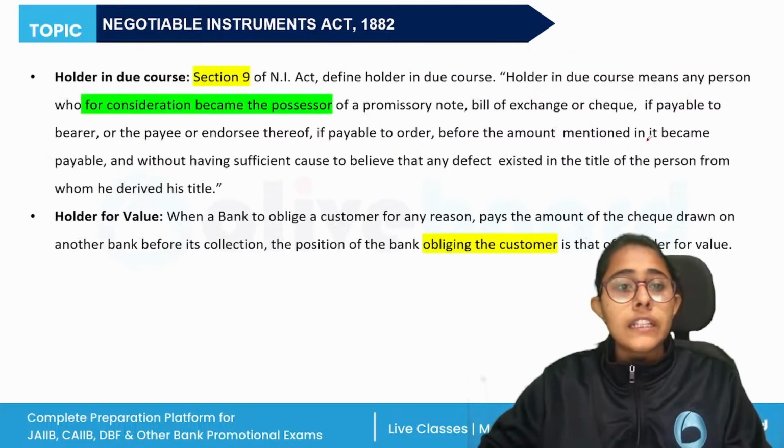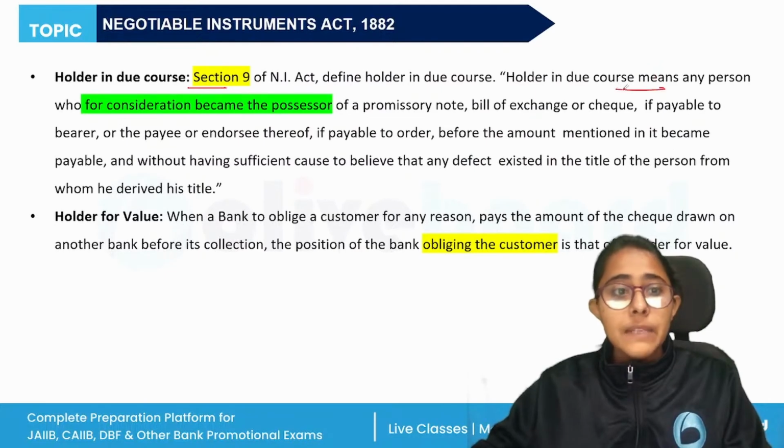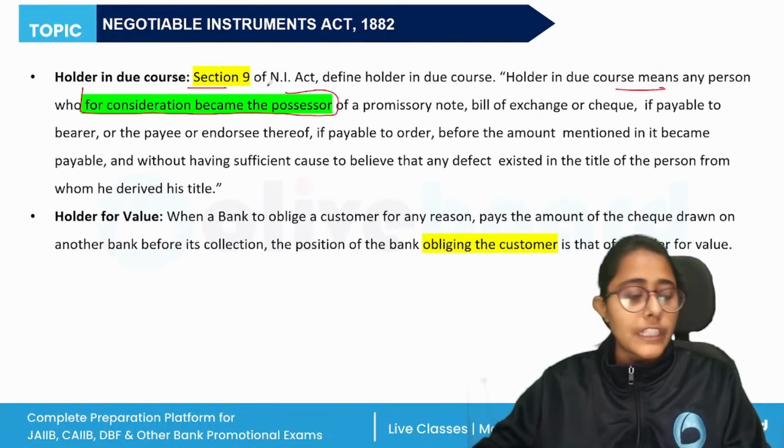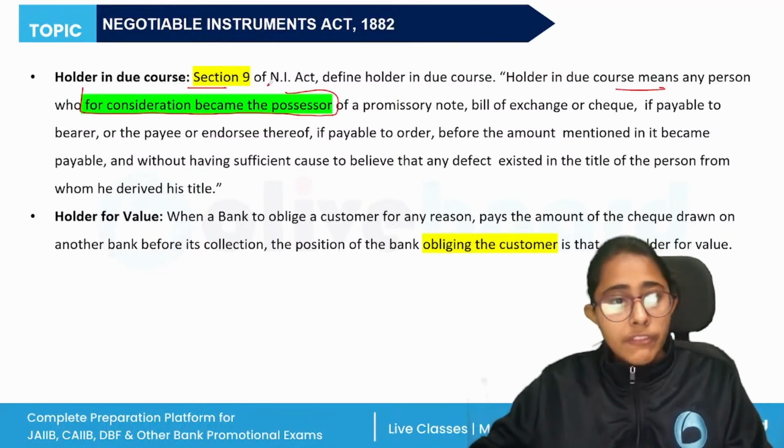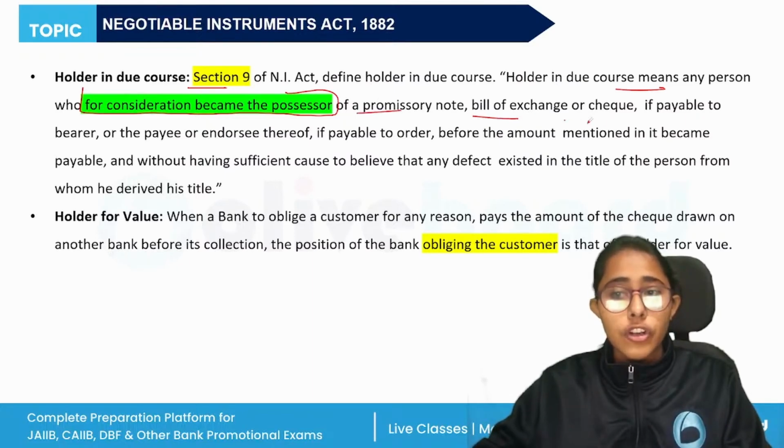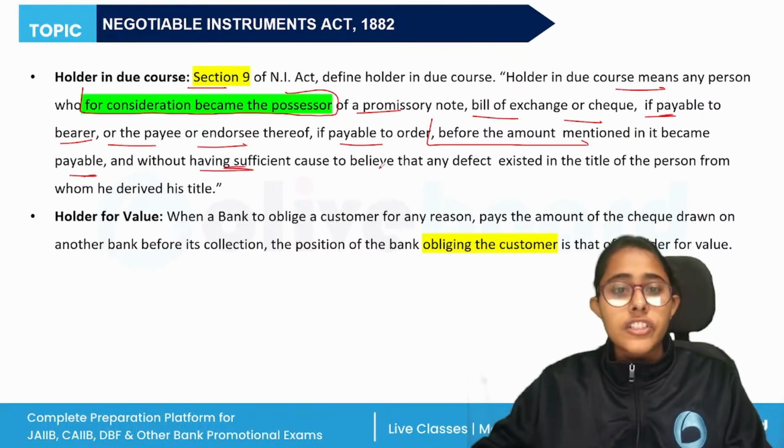Then holder in due course, this is given in section 9. Holder in due course means any person who for consideration becomes a possessor of a promissory note. Consideration, which is a two-way contract. So if for consideration they become the possessor of a promissory note, bill of exchange or check, if payable to the bearer or the payee or endorsee, or if payable to the order, then the amount mentioned in it becomes payable, and without having sufficient cause to believe that any defect existed.